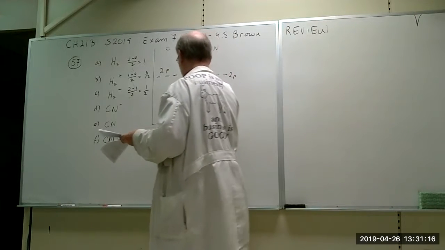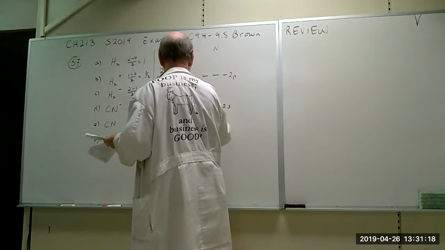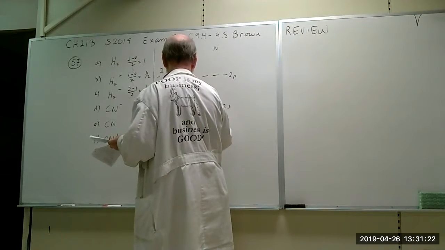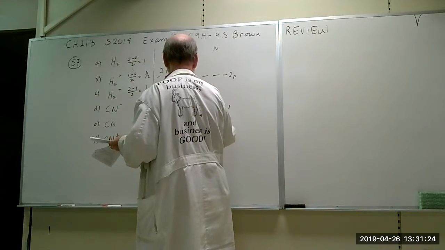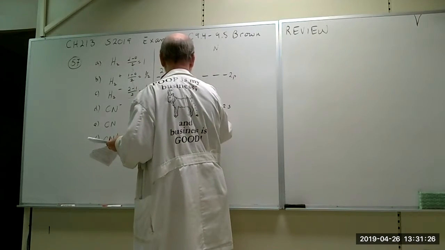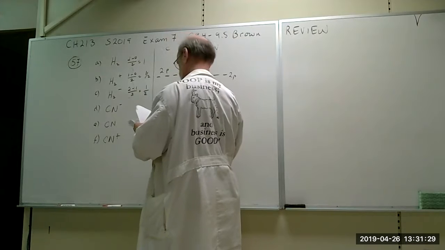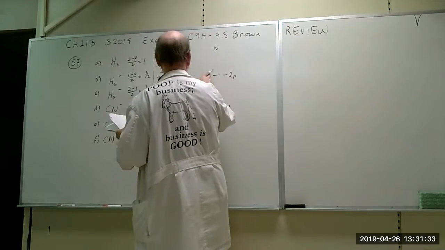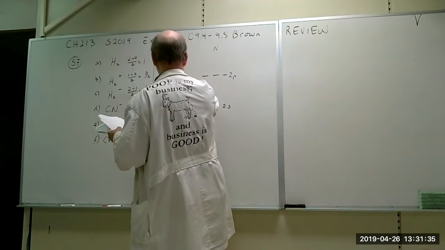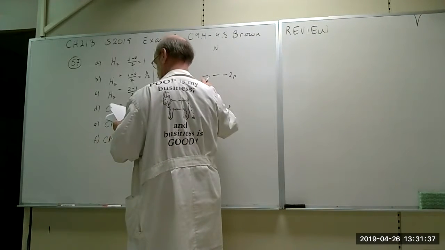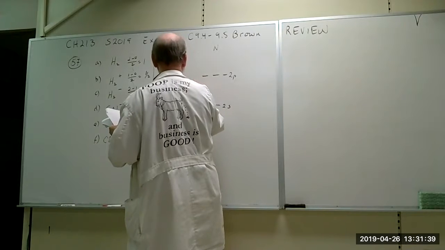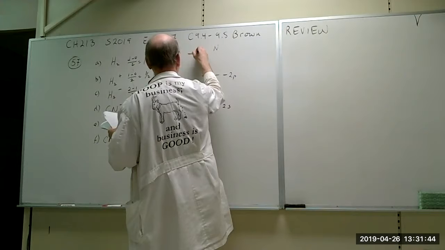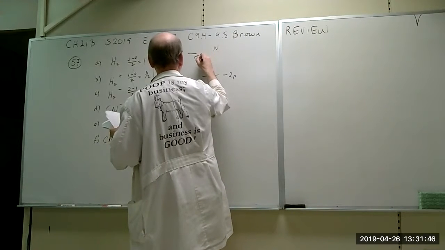Okay. Then we combine. This is going to be a sigma from a 2s. This is going to be a sigma star from a 2s. And then we're going to form 6 here. So we're going to have sigma and sigma star from a 2p.